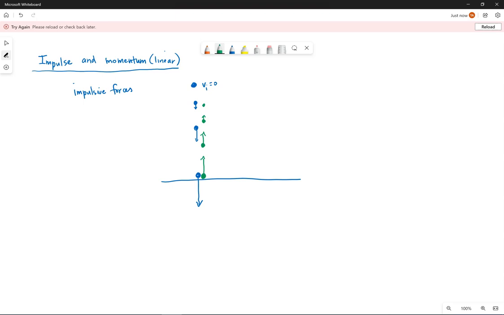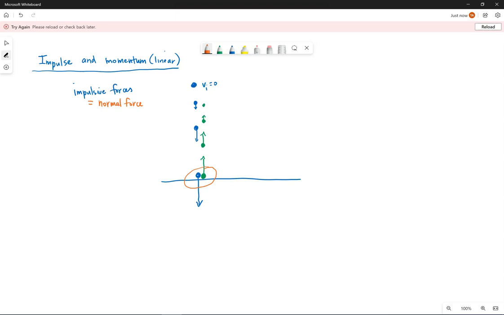Ultimately, when we talk about impulsive forces in a situation like this, we're talking about the normal force, the force the floor exerts on the ball, thus causing it to change direction and bounce back up.